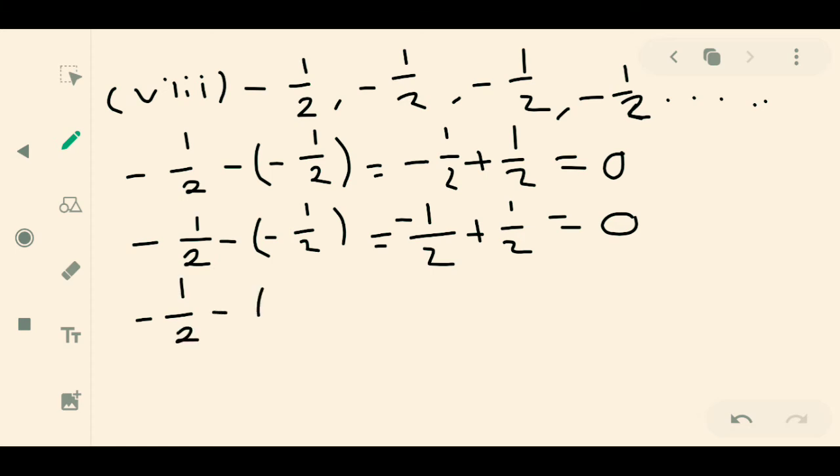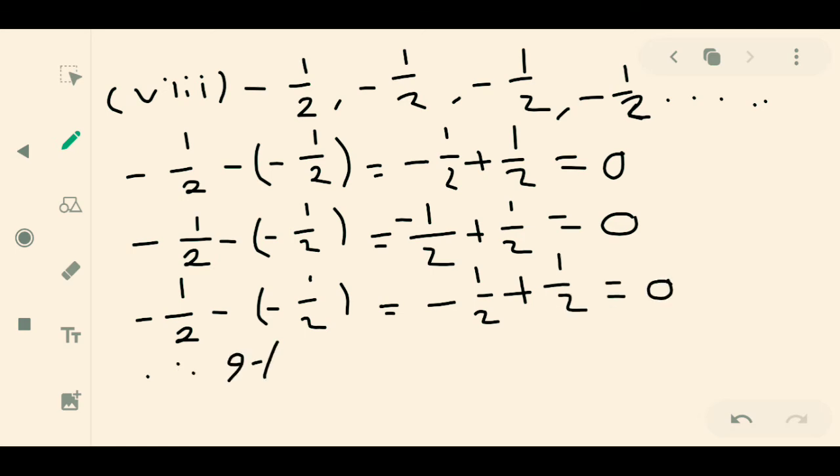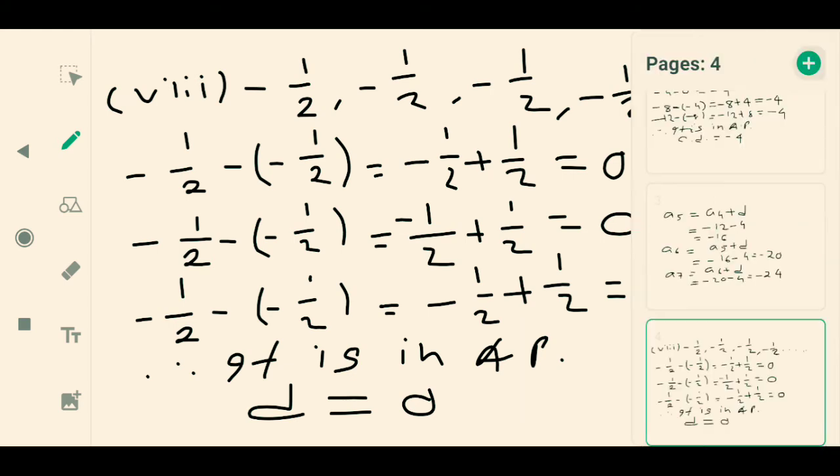Fourth minus third is also 0. So we are getting the same CD, therefore it is in AP. And the common difference, we normally denote by D, so write D equal to 0.